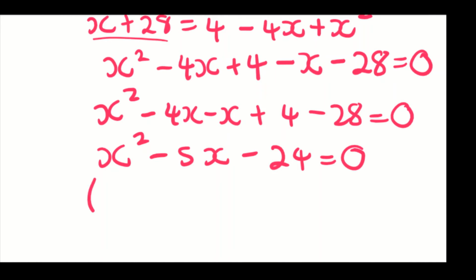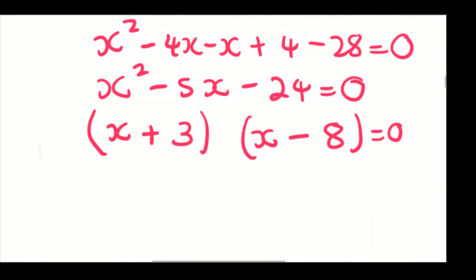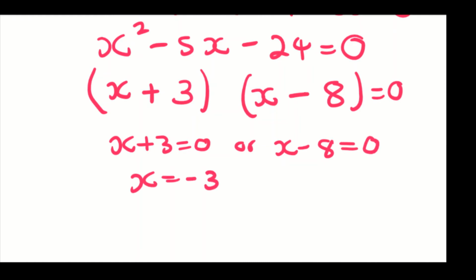So then we're going to factorize this. Find the factors of x squared, which are x and x, and factors of 24 such that they give us the middle term, so it's going to be 8 and 3. The bigger number takes the sign of the middle term, so it's going to be negative here, and here it's going to be positive. Then our solutions of x: x plus 3 equals 0, or x minus 8 is equal to 0. Then x is equal to minus 3, or x is equal to 8.